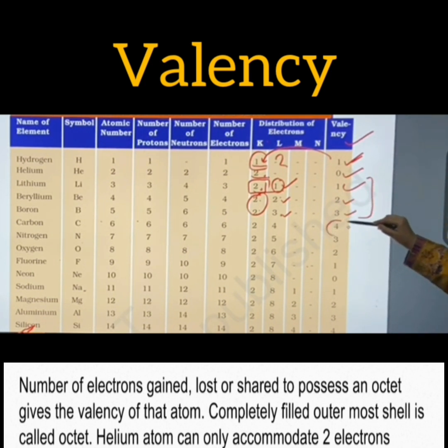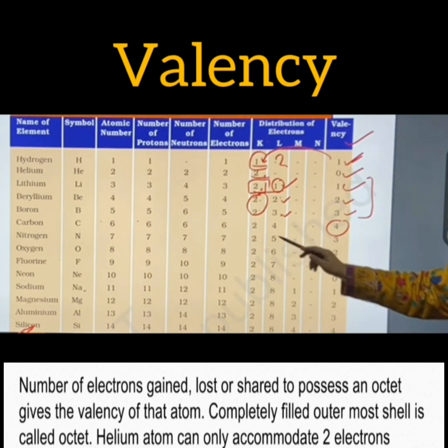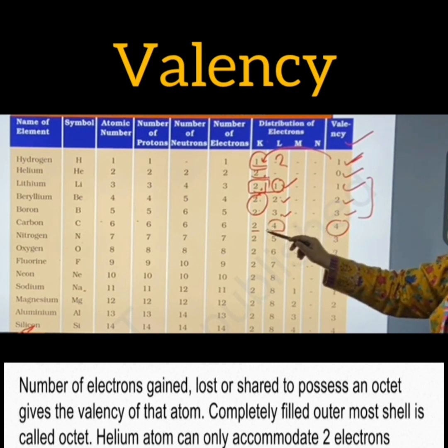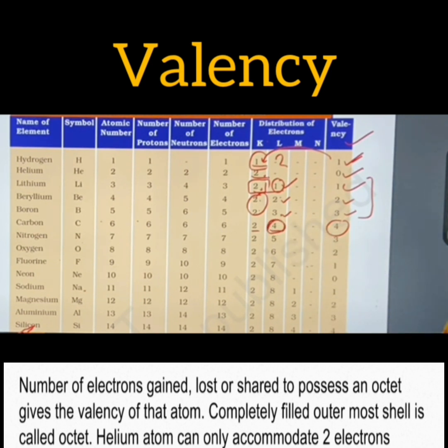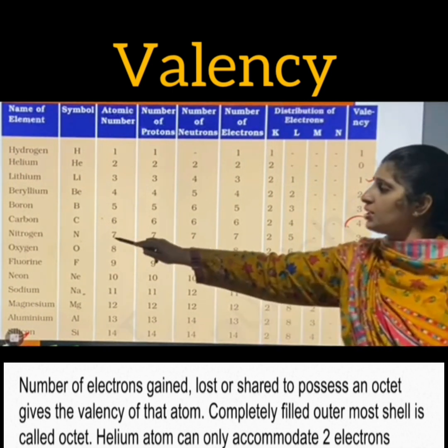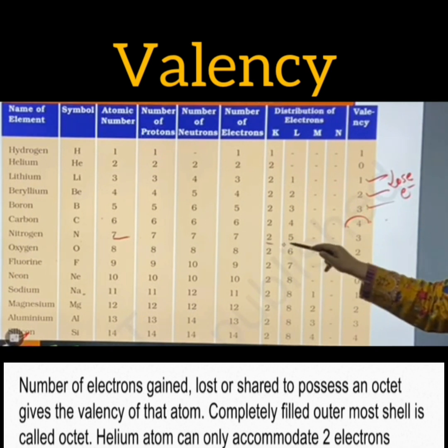But in the case of 4, that is carbon, carbon has atomic number 6, and the K shell has 2 electrons and the L shell has 4 electrons. In this case, carbon can't lose or gain electrons, so it has the property that it can share electrons. So we can say that the valency is 4. Now let us take the case of nitrogen. In nitrogen, the atomic number is 7, so the distribution of electrons is 2, 5.